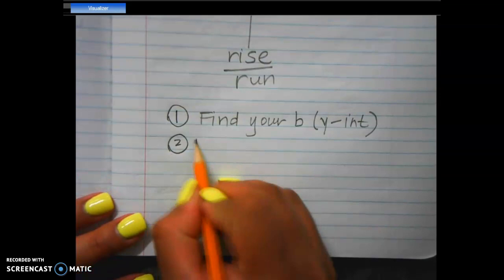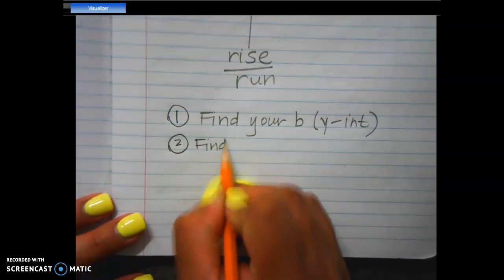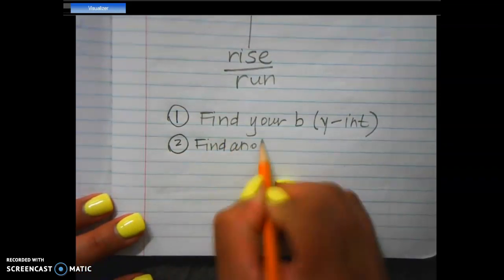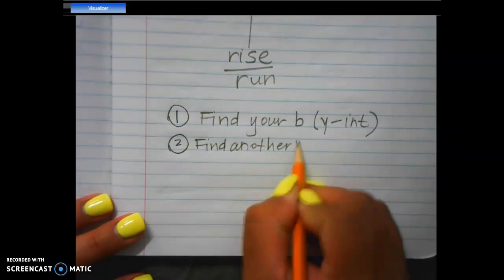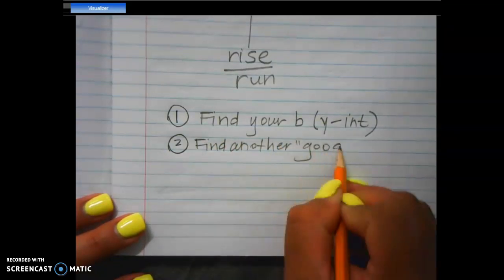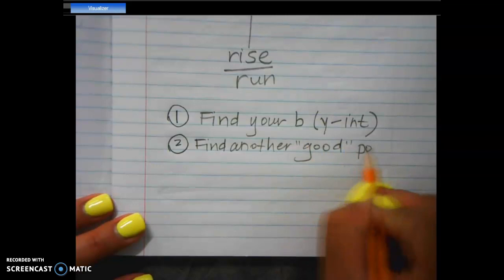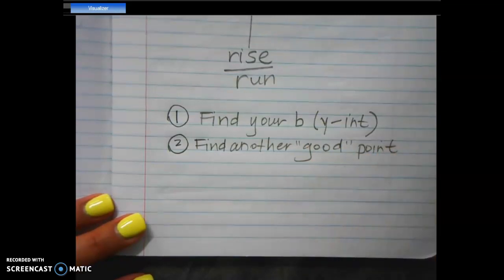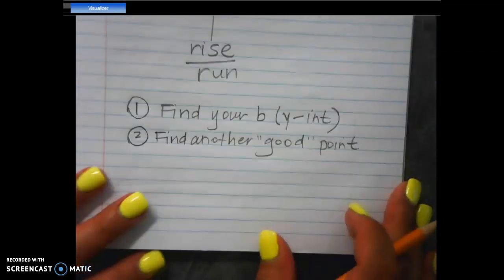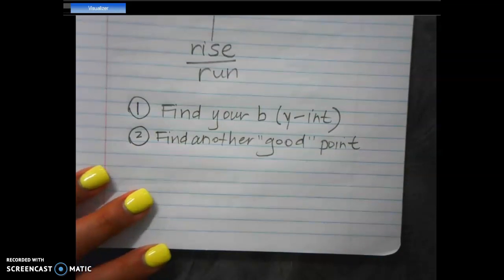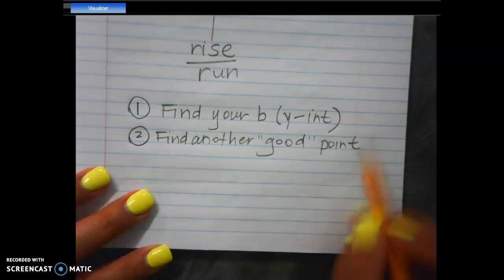We are going to find another, what we call, good point. When we get to a graph, I'll make sure to explain or show you what a good point is versus a not good point.